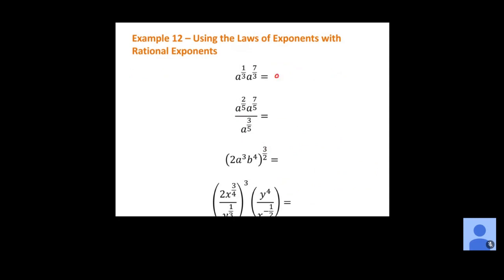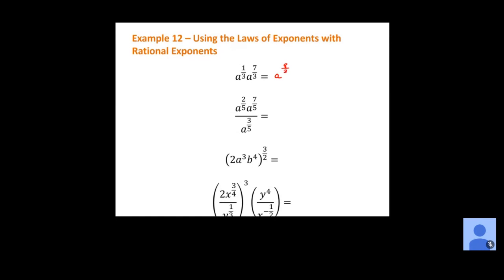And so when we add those together, we're going to have a to what power? So it's 1/3 plus 7/3. 8/3, right? Because we would add the numerators, keep the common denominator. That's going to give us 8/3.